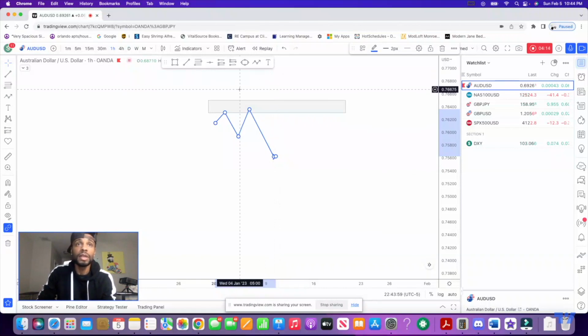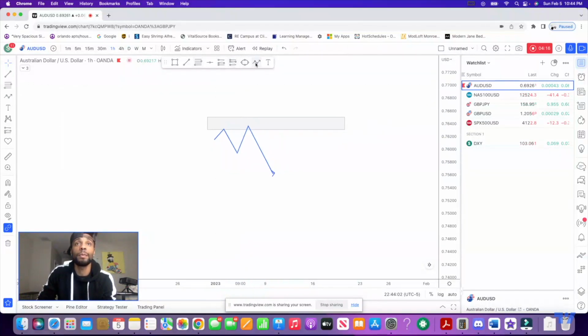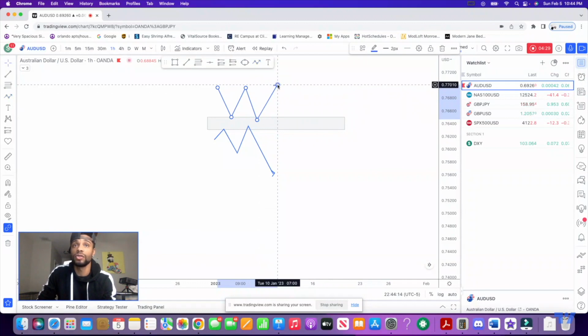If you're above the zone, it will try to go through, bounce off, try again, bounce off, and continuously do that until it decides to go through that zone.